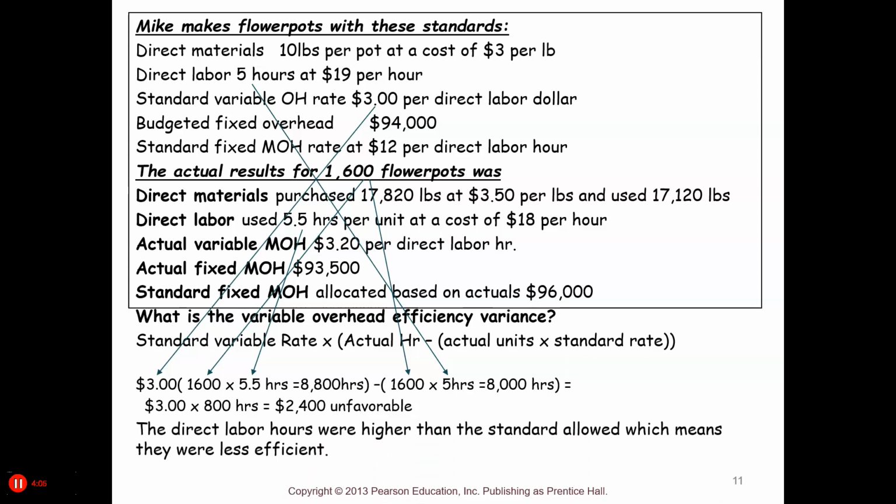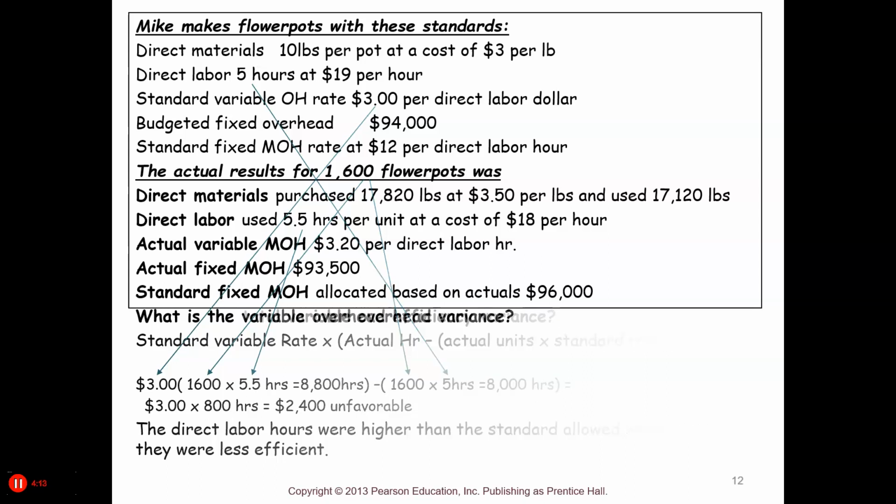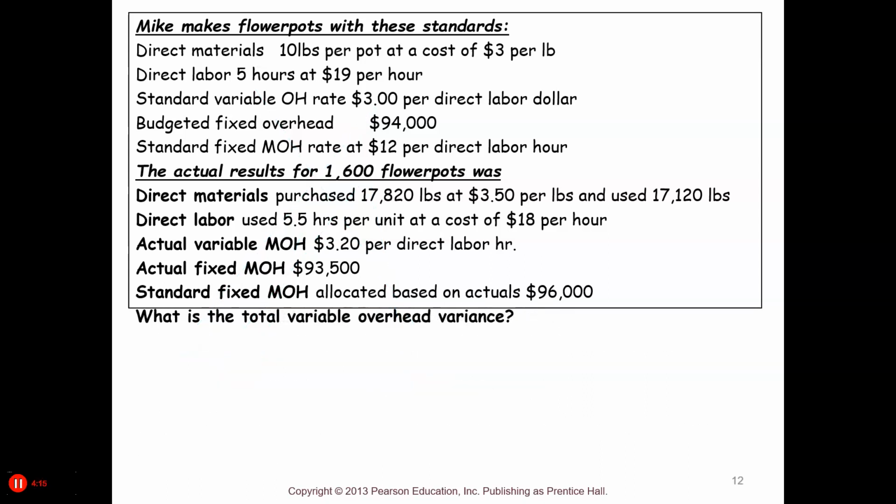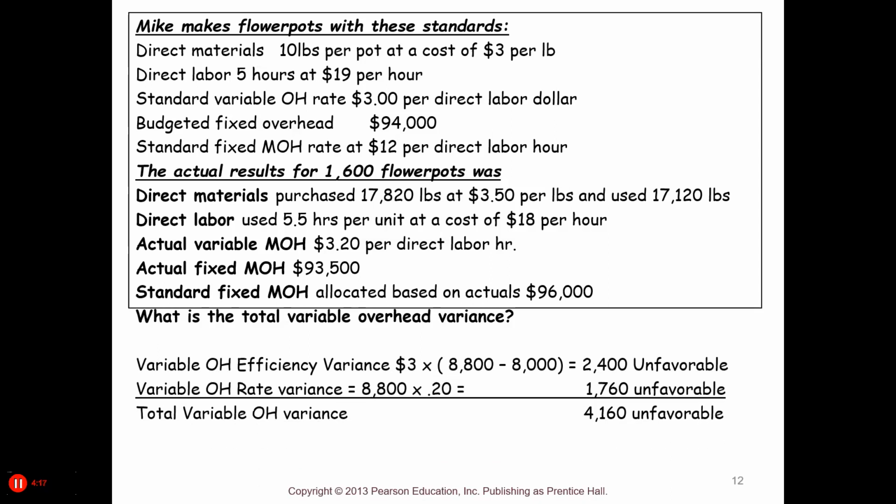This tells us the direct labor hours were higher than the standard allows, which means they were less efficient. What is our total variable overhead? Unfavorable.